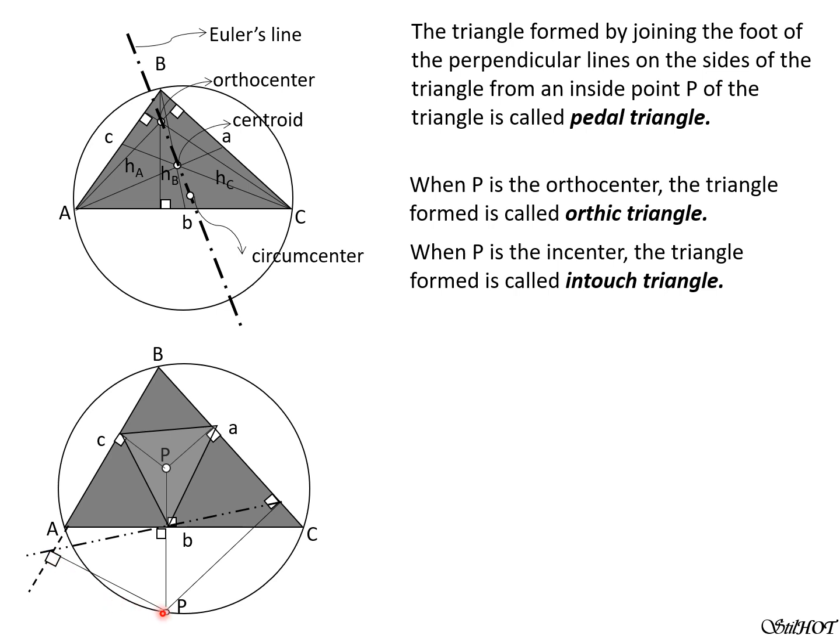Like this one, we draw from this point on the circumference of the circumscribing circle lines perpendicular to the sides, or to the prolongation of the sides like this. Joining the feet of these perpendiculars, there's no triangle formed, but the triangle collapses to that pedal line or Simpson's line.